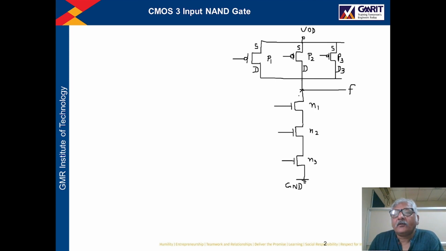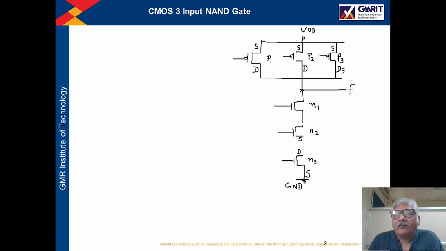So now if we talk about NMOS number N3, here this is the source and this is the drain of NMOS number 3, and for NMOS number 2, this terminal is the source. So the source terminal of NMOS number 2 and the drain terminal of NMOS number 3 are joined together.